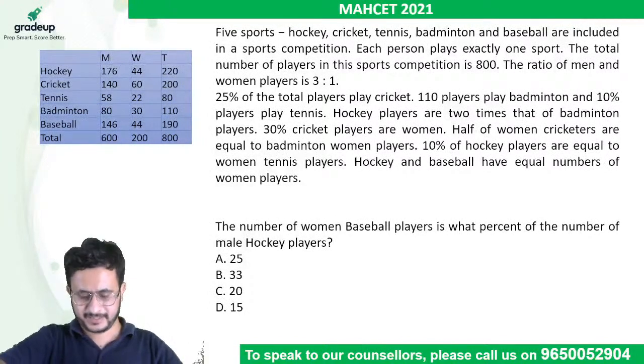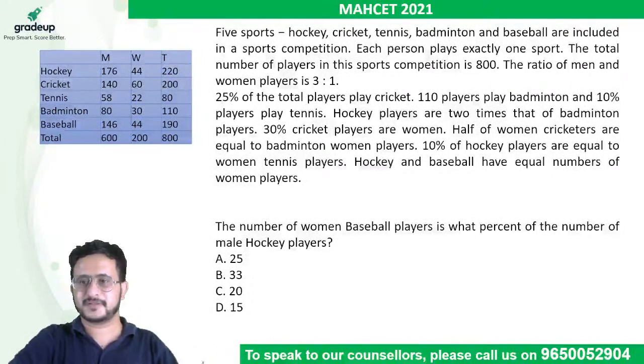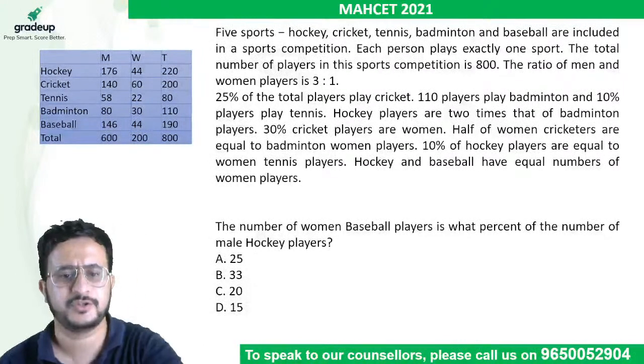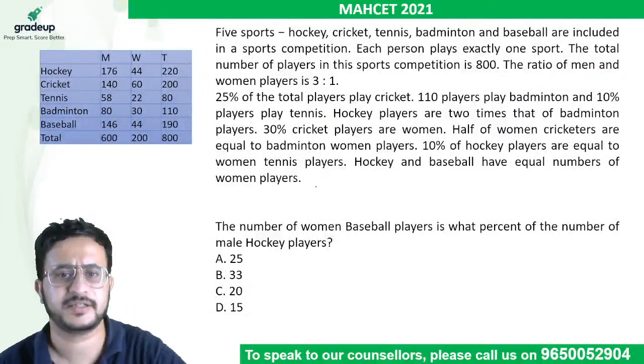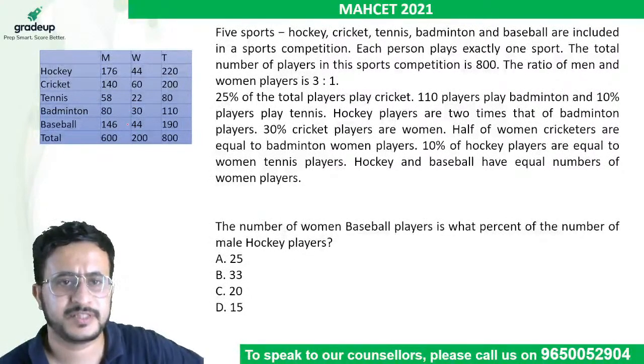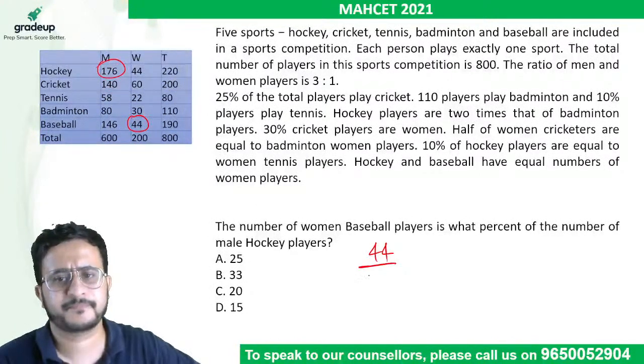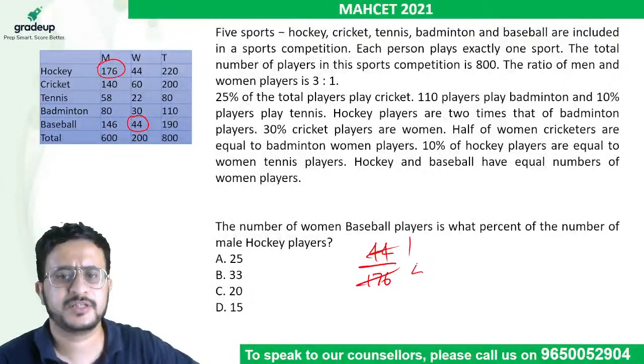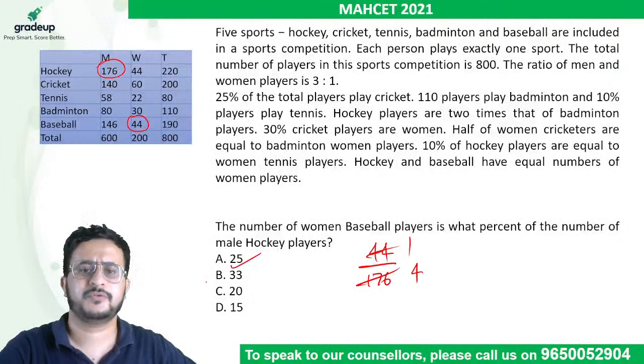So it is simple, right? The women baseball players are 44, 44 out of 176. That is one fourth, right? One fourth is 25%. Okay.